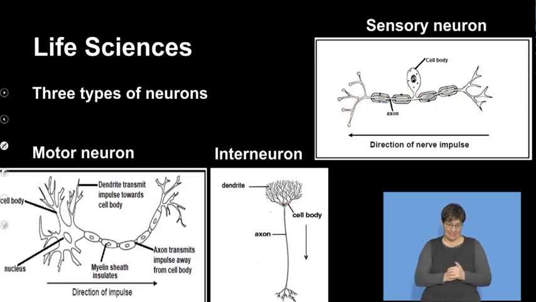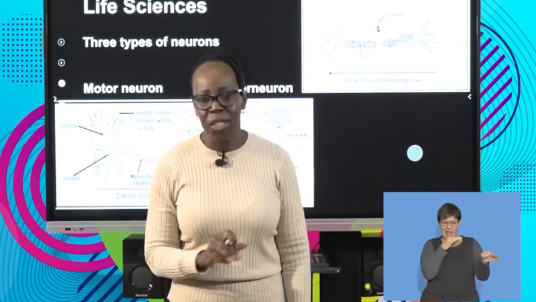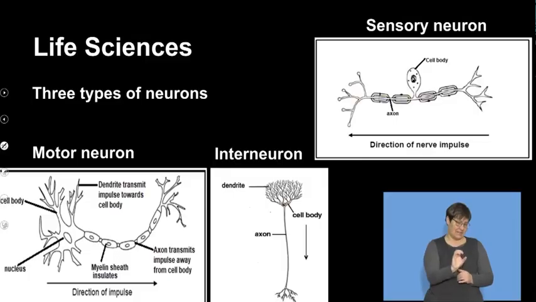Then let's look at the types of neurons. I know for now you know the types of neurons. We'll just go through them to remind you, so that when you sit for your exams, you still remember. We've got the motor neuron, the interneuron, and the sensory neuron.